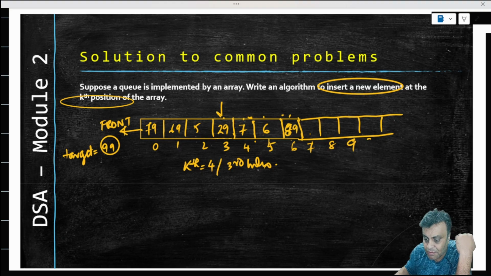Now I was saying that we will insert here. So if we want to insert here, then our job, step 1, is to write an algorithm.